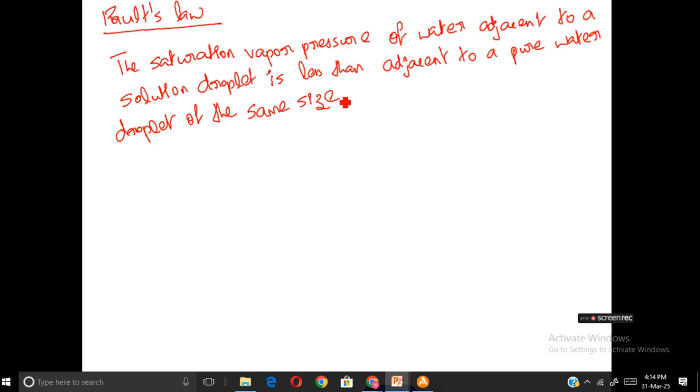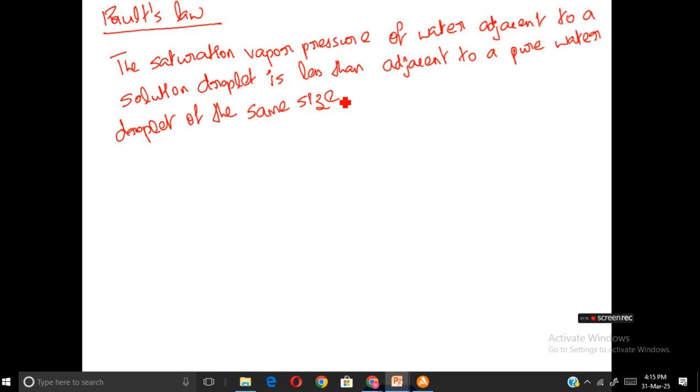And I told you earlier, if there is a particle which is capable of dissolving in the water when the vapor is condensing on it, then even if the particle is very small, the chances of that droplet to survive is very high. Whereas if the particle is not dissolving, it is remaining as it is, then the size should be very large for the particle to survive.